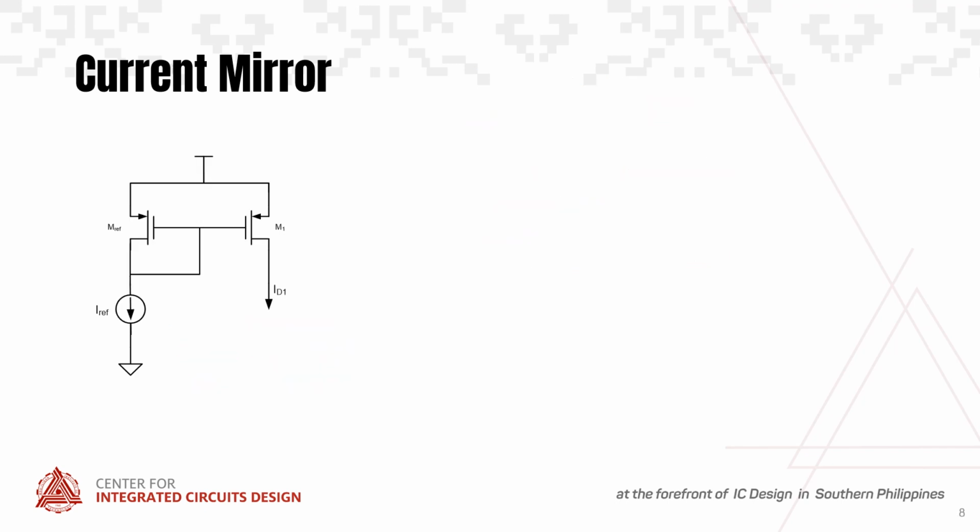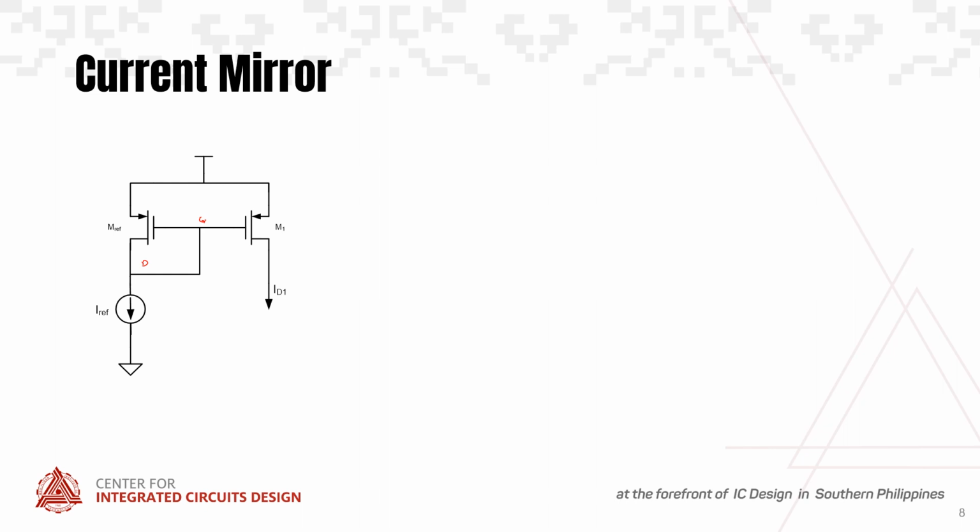Basically, if we have a current mirror using a PMOS, they are actually the same as the NMOS current mirror since they are still diode connected, and this is the gate, this is the drain.